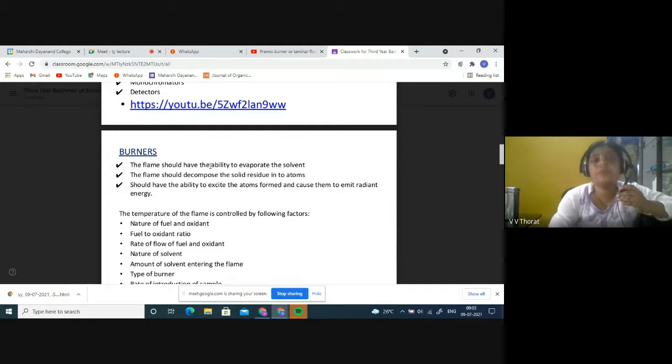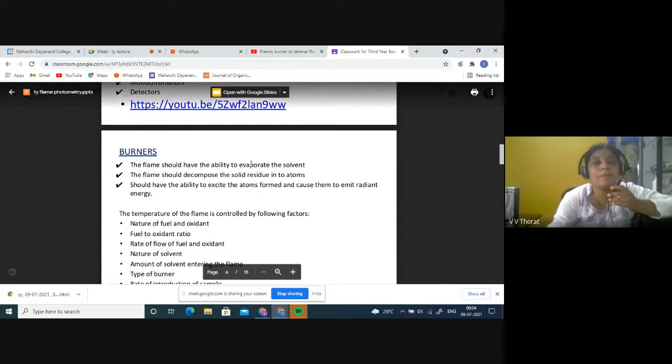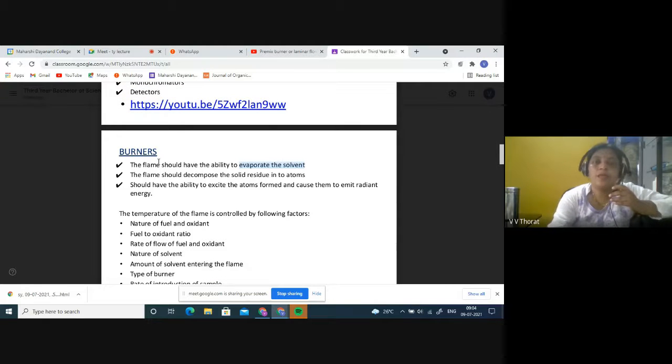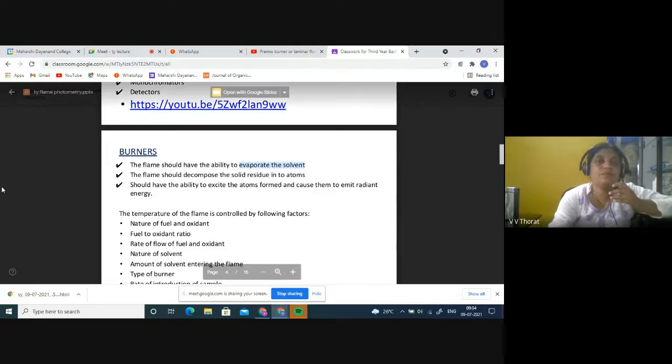The flame should have the ability to evaporate the solvent. Now listen, one of the requirements of flame photometry is that the sample should be dissolved in a suitable solvent. Means only liquid samples can be aspirated into the flame. So once you insert it into the flame, it will evaporate your solvent, right? The flame should decompose the solid residue into atoms.